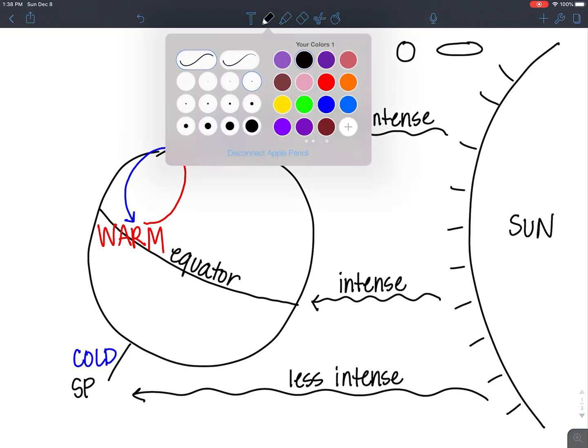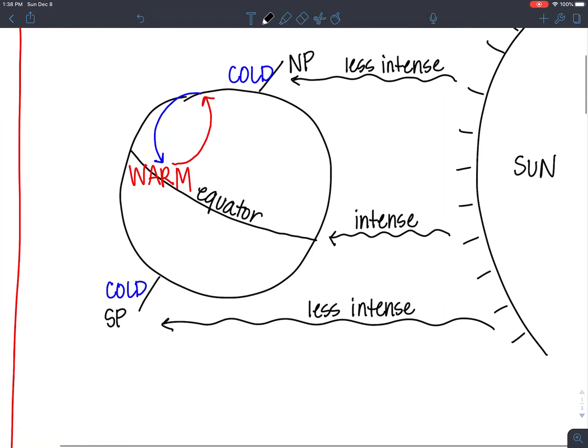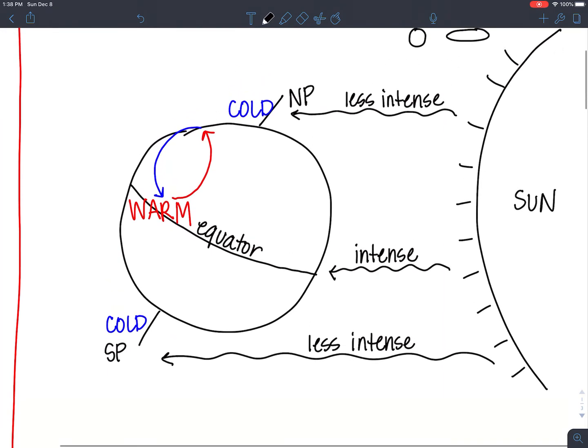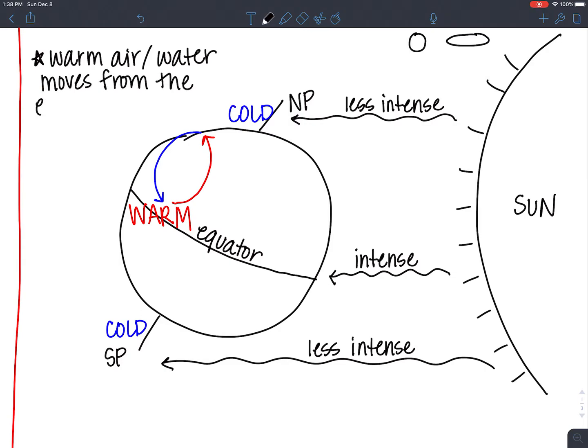So I'm going to grab my pen or pencil. I'm going to zoom out a little bit here. And we're going to make some notes, okay? What we have to remember is this. Warm air and water moves from the equator to the poles.